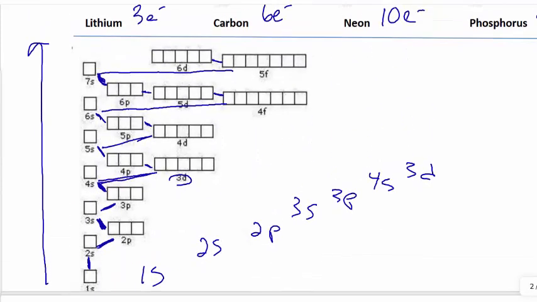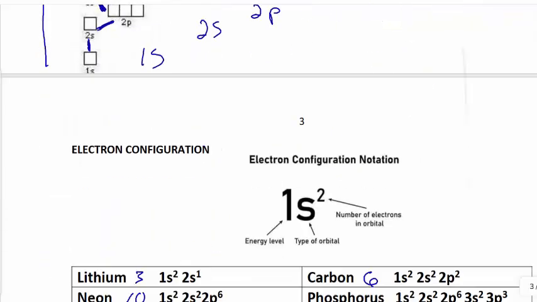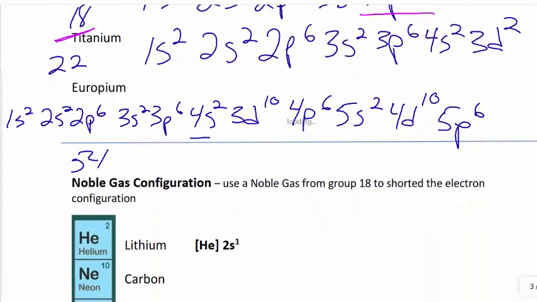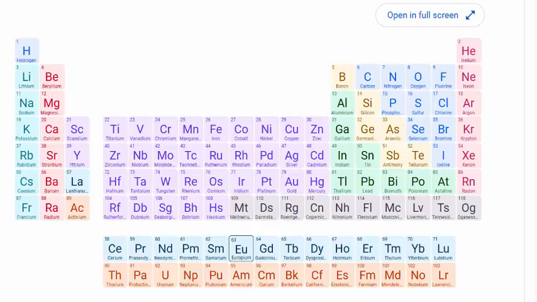After 5p here, we're going to go to 6s, and then after 6s, we're going to go to 4f. So we're going to do 6s2, and then we're going to be at 4f. Now f can have up to 14, but we might not need 14. So we had 54 before, now the 2 more would be 56, and we need to get to 63.